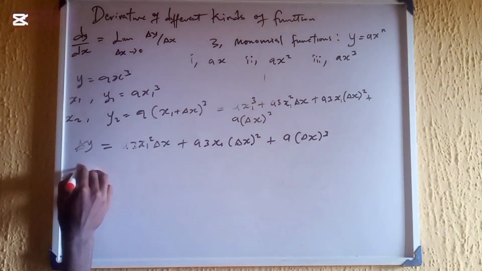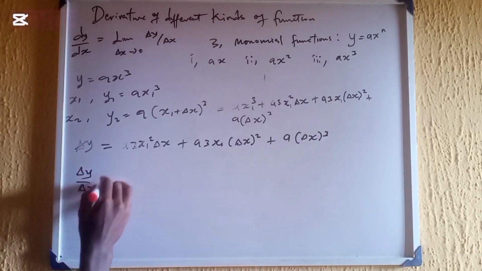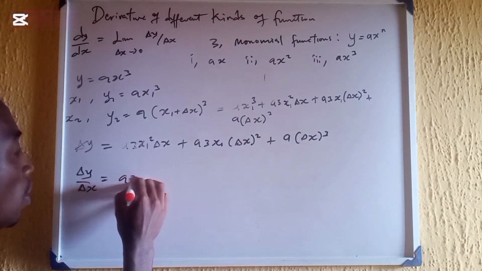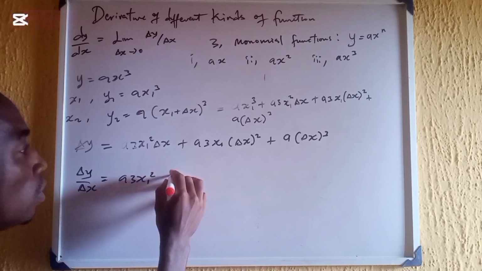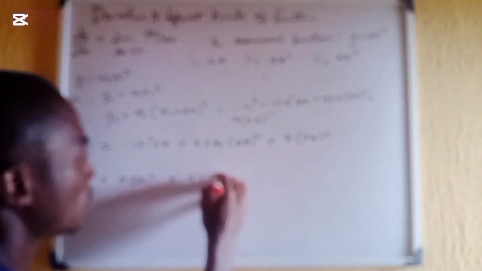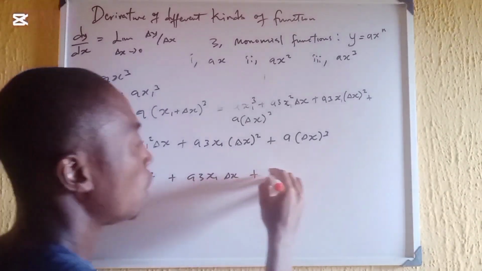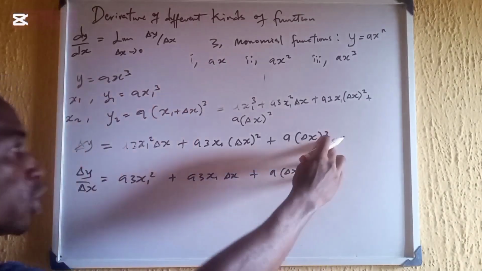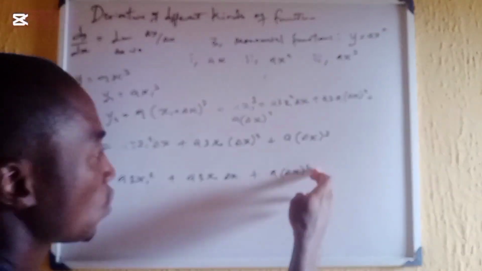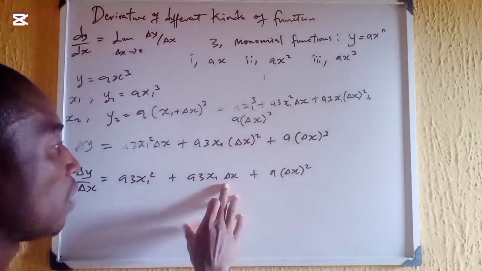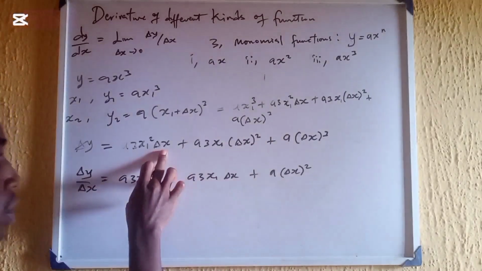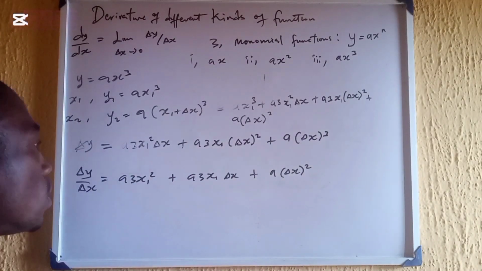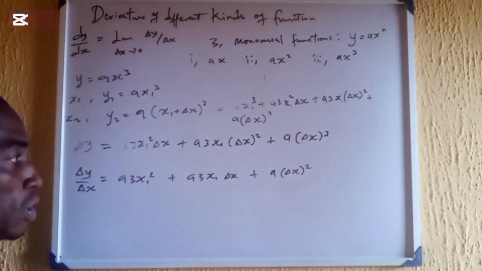We are looking for change in y over change in x. So we're having a3x1 squared, then plus a3x1 change in x plus a change in x squared. Remember we had cube here, but now we're having square here. We had square here, but we're having change in x here. We had change in x here, but we're having nothing here because we divided through by change in x.